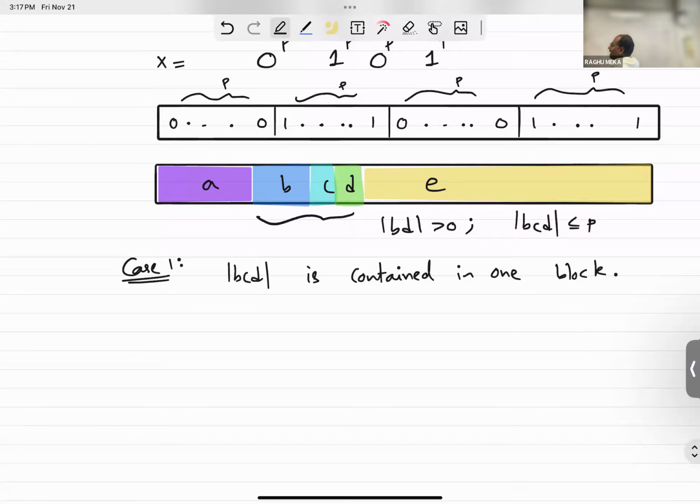Maybe it's completely contained in the first block of zeros, maybe in the first block of ones, the second block of zeros, the last block of ones. What happens then? Well, if I repeat it, I end up with either more zeros in the first half or more ones in the first half or in the second half, right?